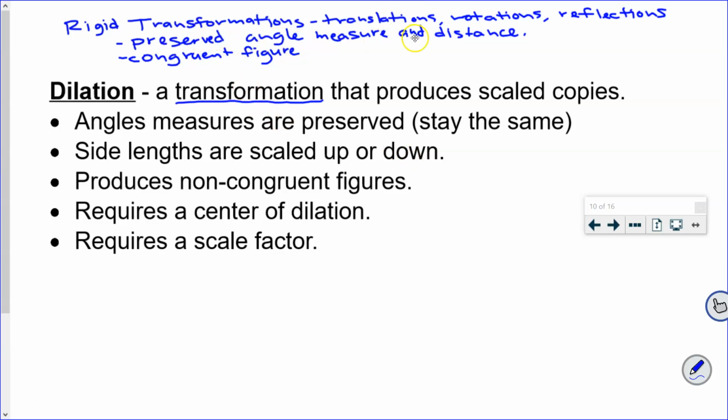Rigid transformations kept the side lengths the same. Dilations are not going to keep them the same, which means they are not producing congruent figures. Although they have the same angles, they will have different side lengths, so they will produce non-congruent figures. Dilations do require a center of dilation, and they do require a scale factor. So, a new type of transformation, one that is not rigid.